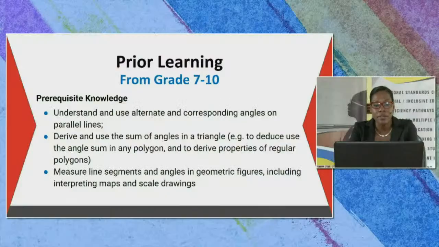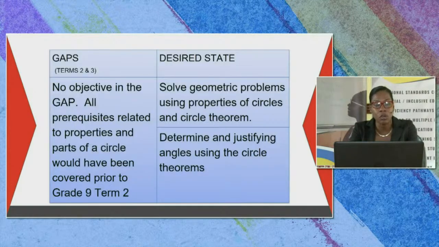Some of these prerequisites include properties and parts of the circle, understanding and using alternate and corresponding angles on parallel lines, deriving and using the sum of angles in a triangle, measuring line segments and angles in geometric figures, including interpreting maps and scale drawings. And so for the set of objectives in the desired state, we will have no objective in the gap, because as I said before, they would have covered all of these by the time they reach grade 9, term 1.